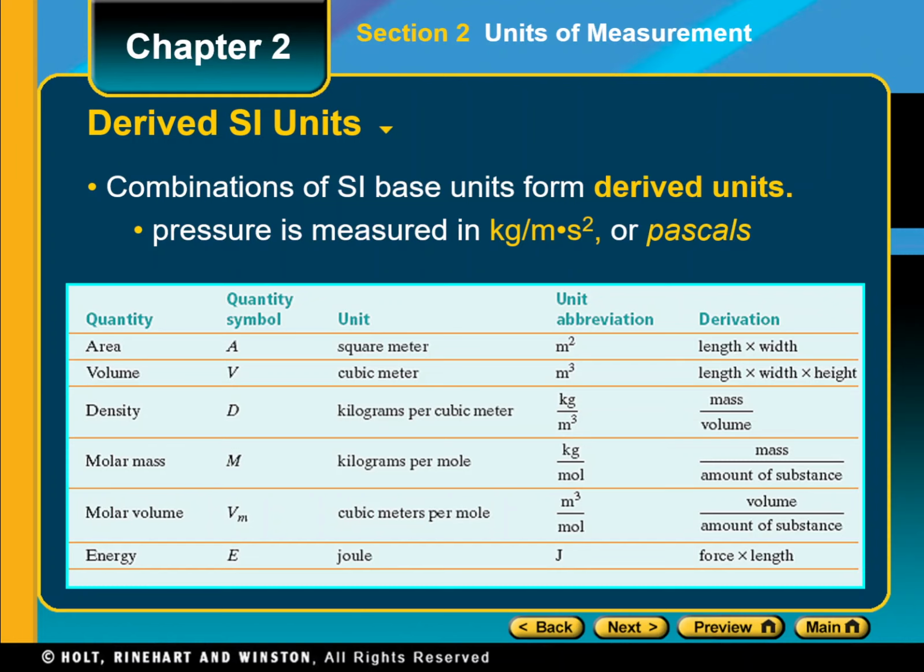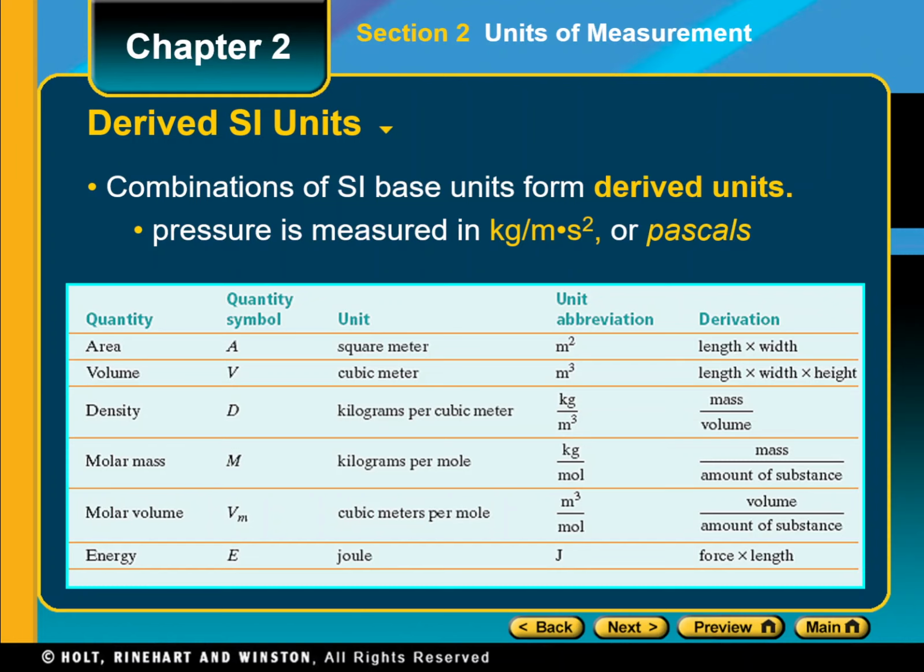Prefixes can also be added to derived units. For example, area can be expressed in centimeters squared or millimeters squared. Some combination units are given their own names. For example, the unit of force is a combination of the units for mass, length, and time, which is represented by kilograms times meters divided by seconds squared.